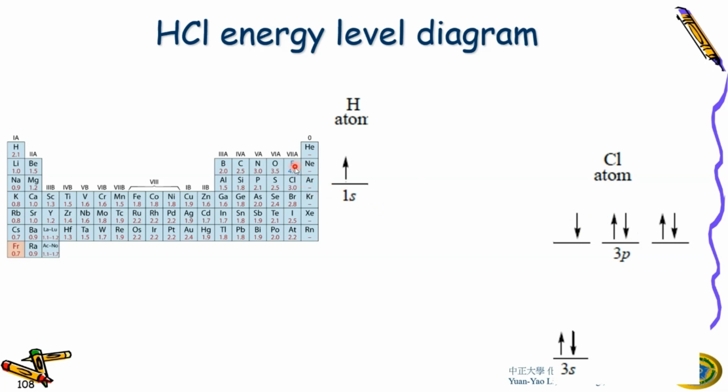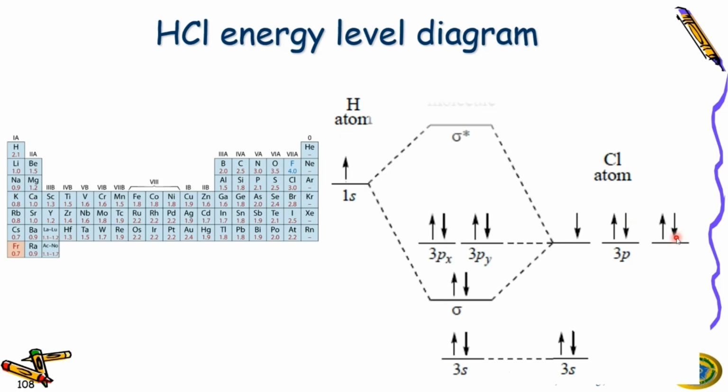As you know, this energy is much lower than the fluorine energy level diagram. And this tells you the same story. You have a bonding molecular orbital and an anti-bonding molecular orbital. Instead of 2px, 2py, you write down 3px, 3py. Are you with me so far? Easy, right? No problem.